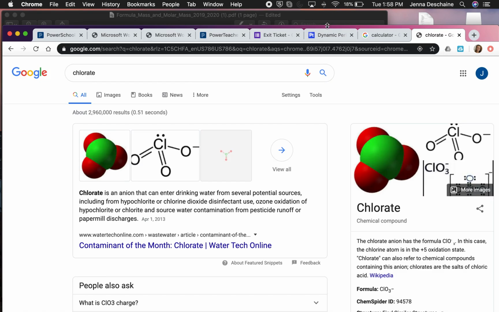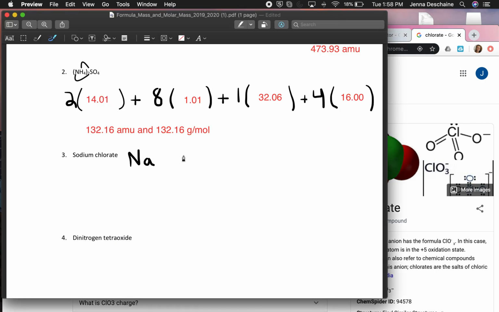Or, I mean, your polyatomic ion sheet. So the formula for chlorate is ClO3 with a -1 charge. Okay? -1 and the +1 on sodium are balanced. So there's no need to alter this formula at all. That would be it. Okay?